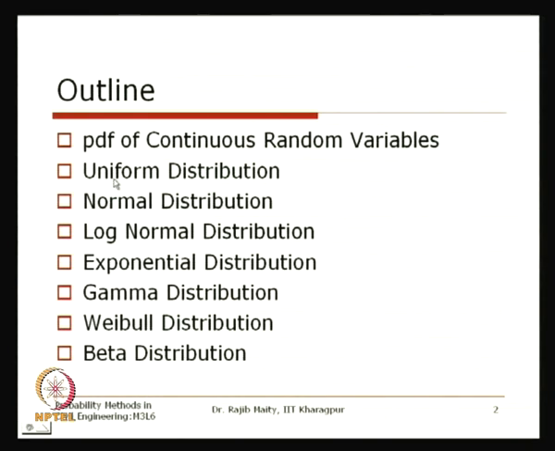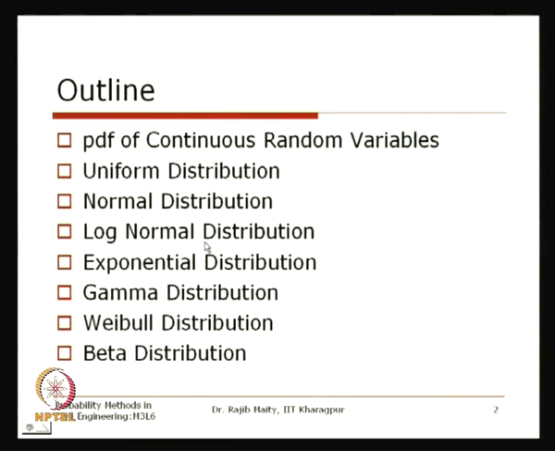For example, the uniform distribution is generally bounded from the lower side as well as the upper side, and in between the density is uniform. Similarly, the support of the normal distribution spans from minus infinity to plus infinity, which is the entire range of the real axis.